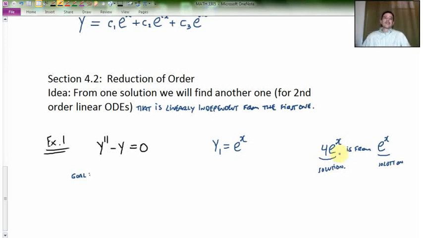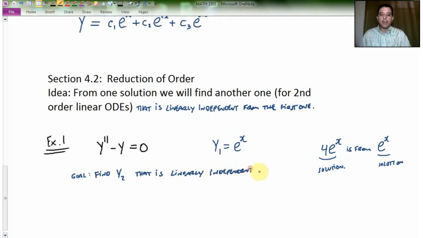This one here doesn't help much because it's dependent. So the goal is to find a y2 that is linearly independent from y1. So that's the goal here.